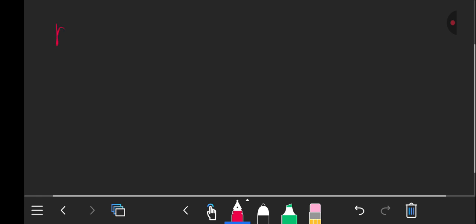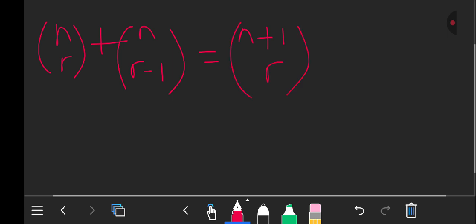So what we have is n combination r plus n combination r minus 1 is equal to n plus 1 combination r. So this is what we want to prove.